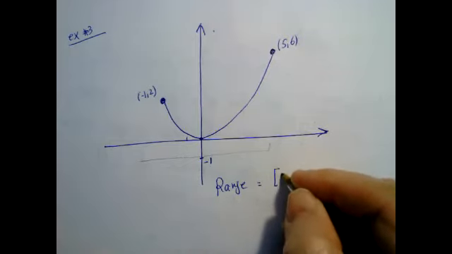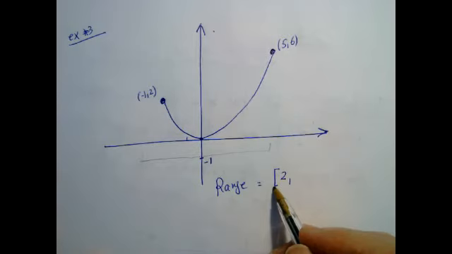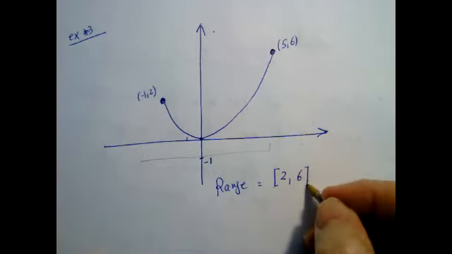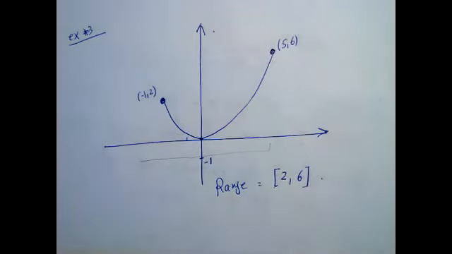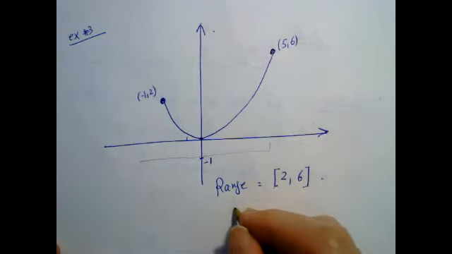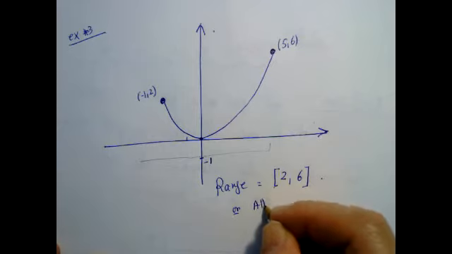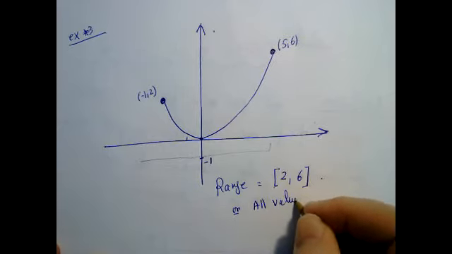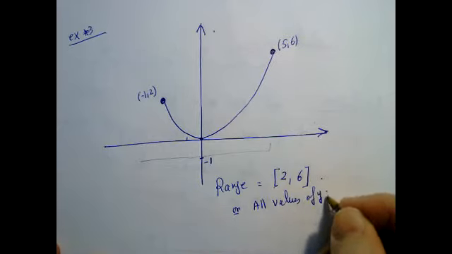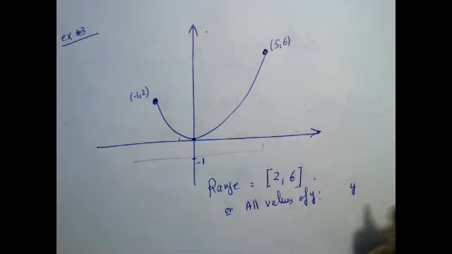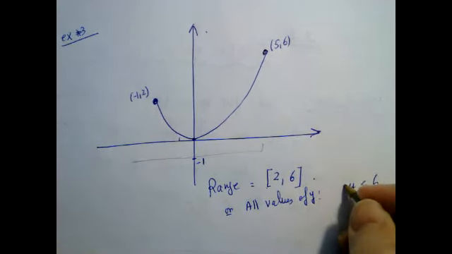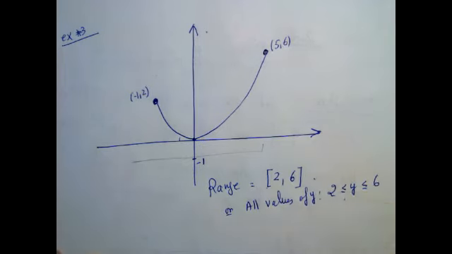Is 2 in the range? 2 is in the range. 6 is inside the range. Or you can write all the values of y such that y is less than or equal to 6, bigger than or equal to 2. So that's another way you could have written this answer.